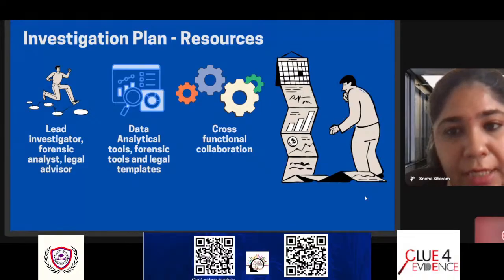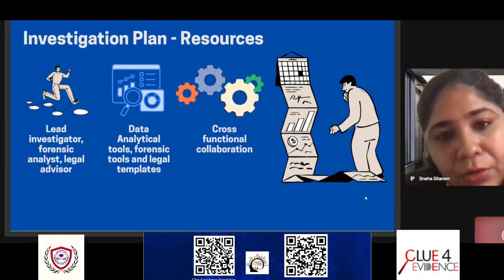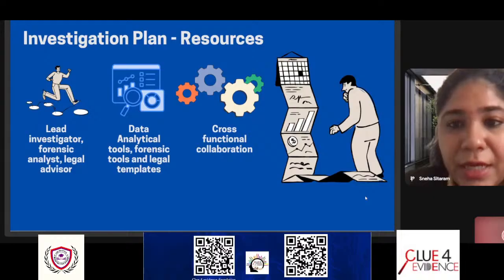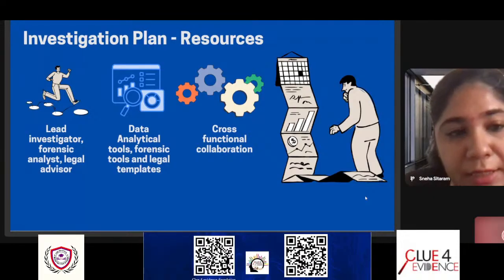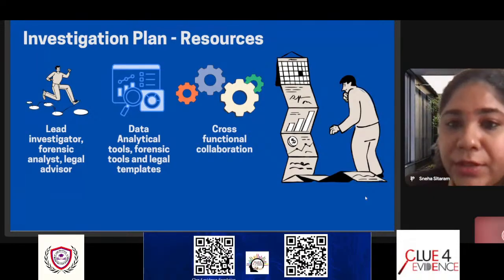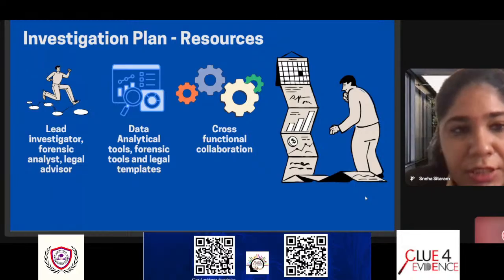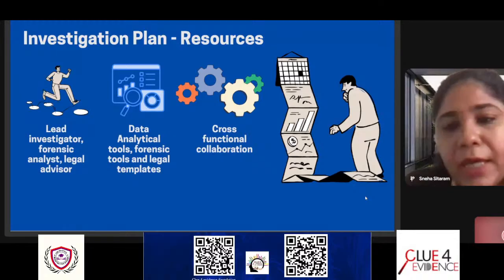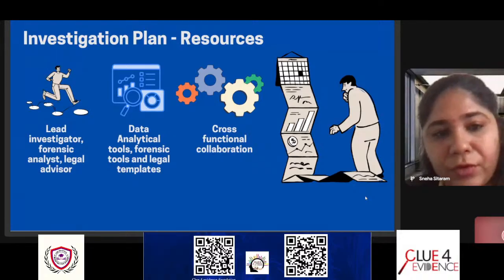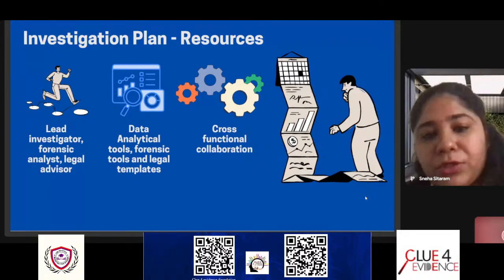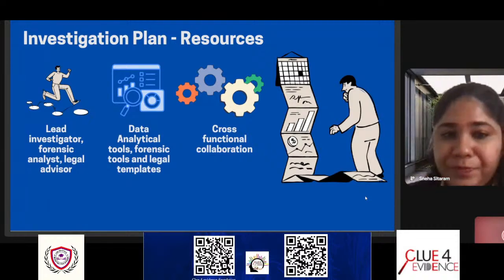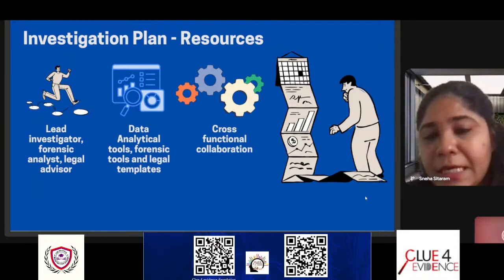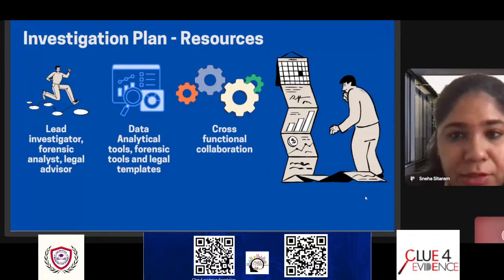We can get a civil engineer, if required, to check these prices and certify them, so that this can be used as key evidence in your investigation, if the case demands it. Again, it is all case to case. That's why we also talk about cross-functional collaboration, because this is not a one-person job.